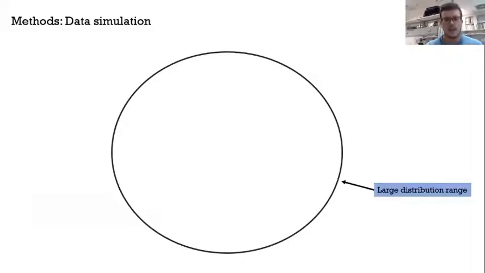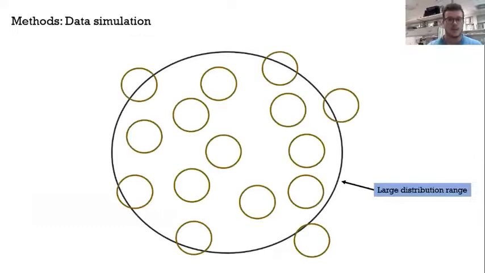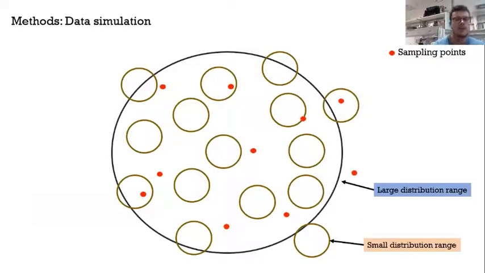We simulate large distributions and small distributions. We also created sample points as spatial points distributed randomly. To have a presence-absence matrix, we compute which polygons overlap each sampling point.